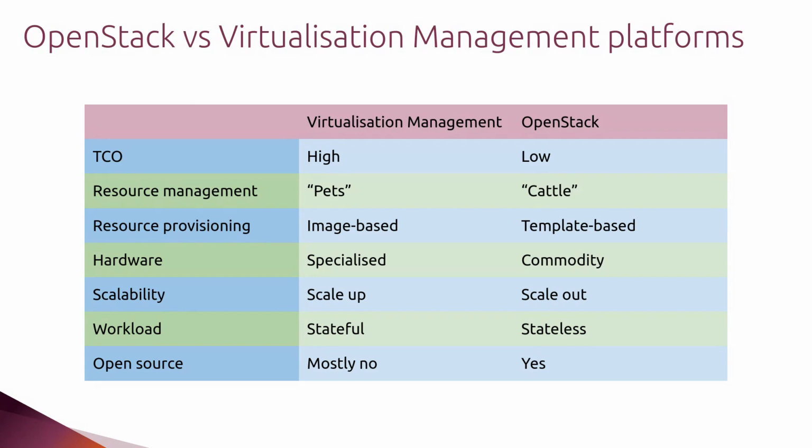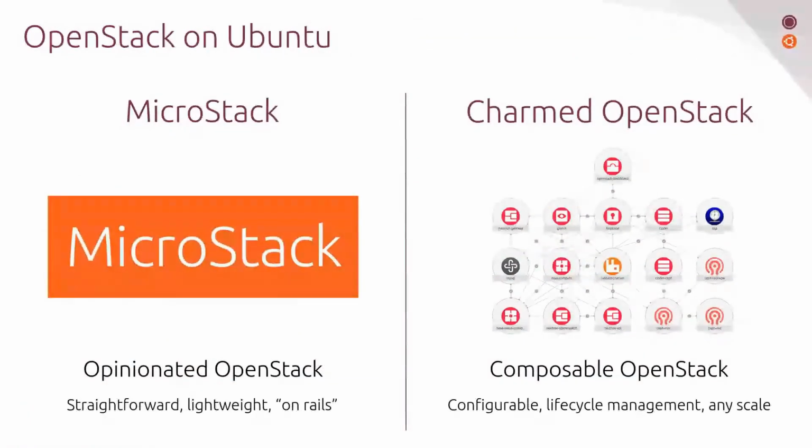It scales out. The workloads running on top of traditional platforms are usually stateful, while OpenStack allows them to be designed in a cloud-native fashion so that they're stateless. And last but not least, open source. Traditional platforms are usually not open source, and OpenStack is 100% open source.